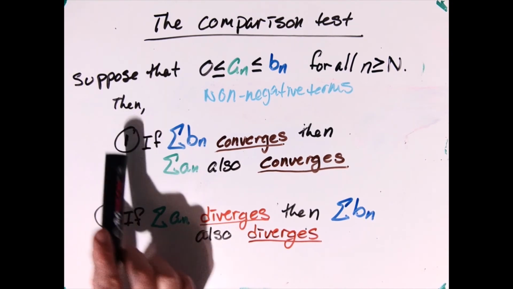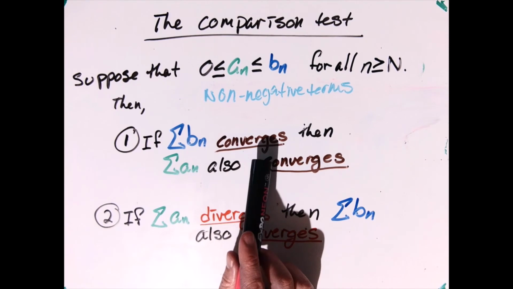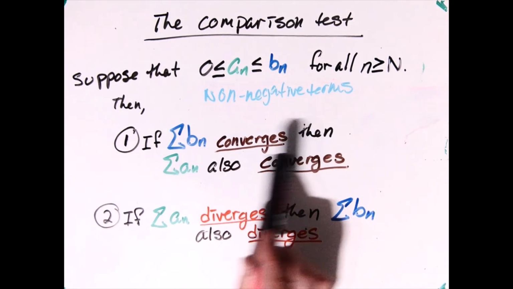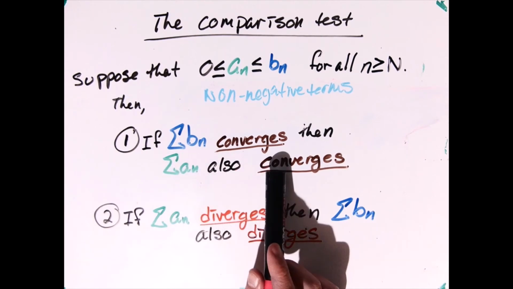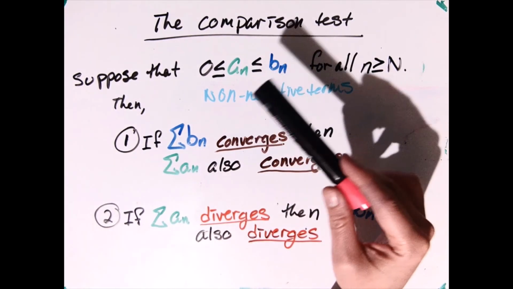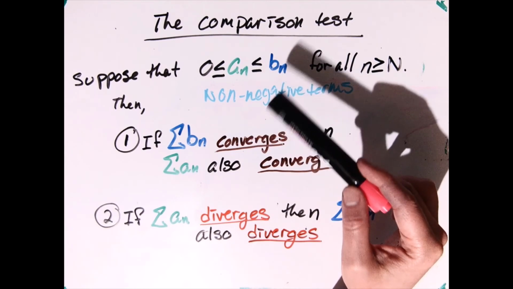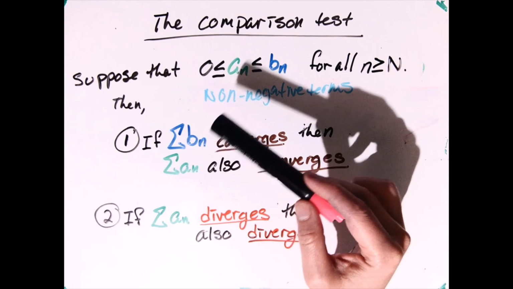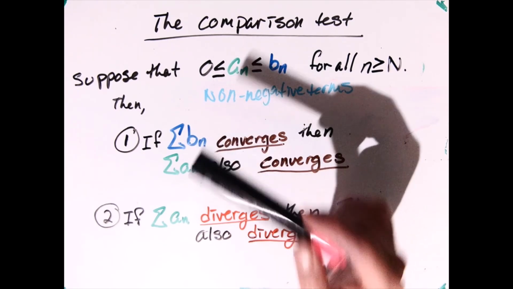So then what I have is that if the sum of b sub n converges, then the sum of the a sub n's also converges. What that's saying is that if the series with the larger terms converges, then it's forcing this series here with the smaller terms to also converge.